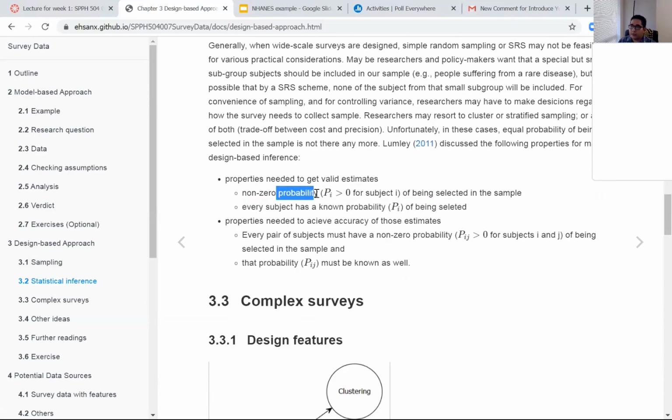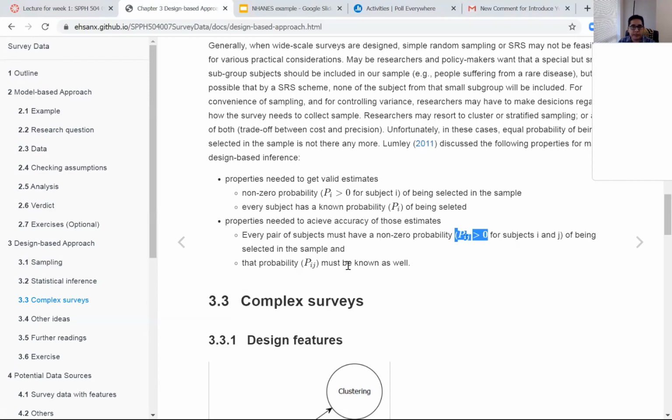And not only the probability of one single person, we actually need to understand the probability for every pair of subjects. Every pair must have a non-zero probability of being selected, known as Pij, and that probability has to be known as well. That will become apparent when you see that some of the sampling that we do is not independent.